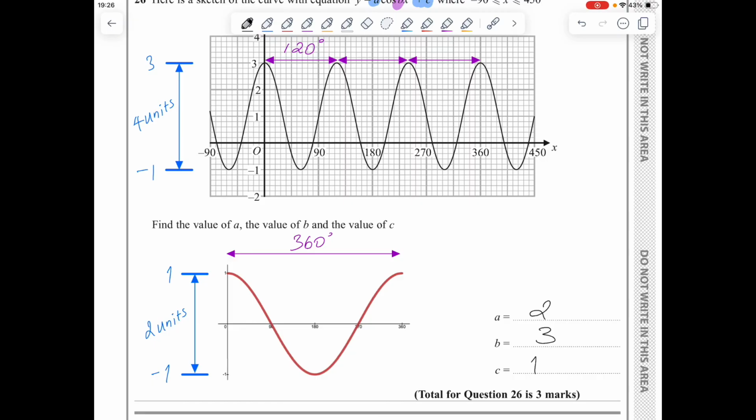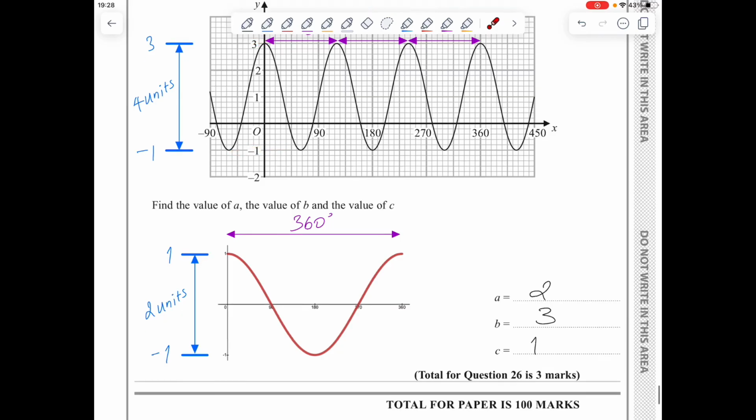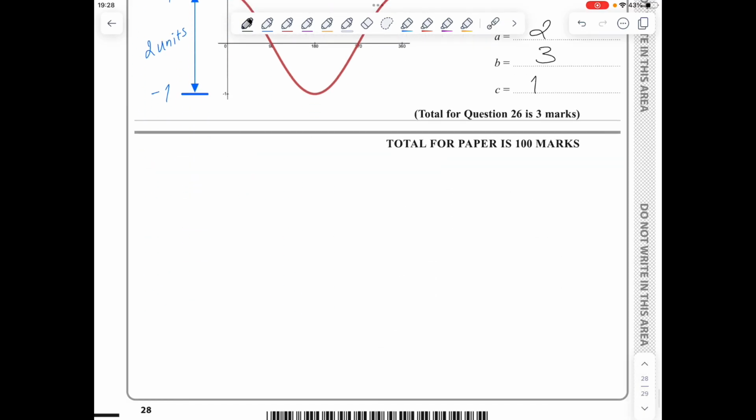And this is the value of C. Now, if you want a more algebraic way for finding A and C, take the maximum and minimum heights, and multiply those by A and add C where they correspond. So the maximum of 1, if I multiply this by A and add C, it will become a 3.